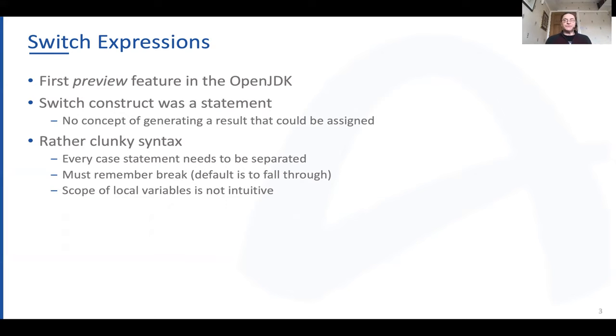The syntax of the switch statement was inherited from the C language, because a lot of Java syntax is based on C. That was great for C, because the switch statement in C was designed around a language that is more of a systems programming language: operating systems, compilers, those sorts of things. Because Java is much more of an application language, the way the switch statement works leads to some potential problems.